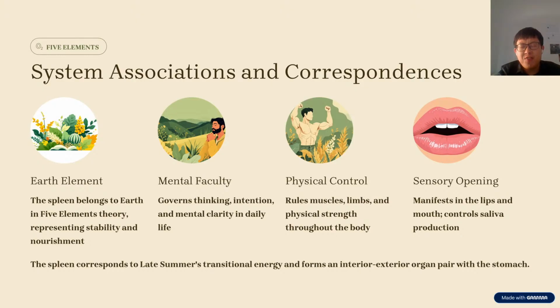In the five elements, every organ belongs to one element, such as the lung belongs to metal, the heart belongs to fire, the spleen belongs to soil, the kidney belongs to water, and the liver belongs to wood.